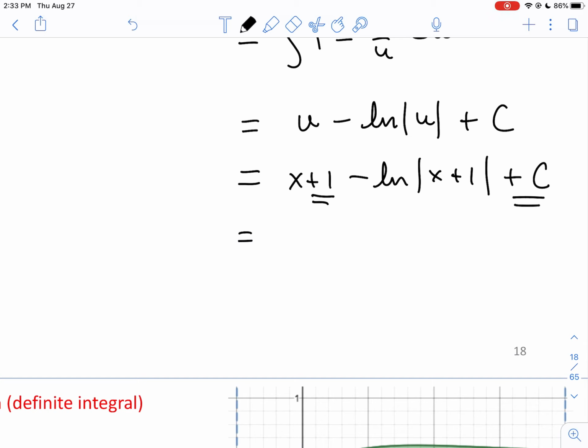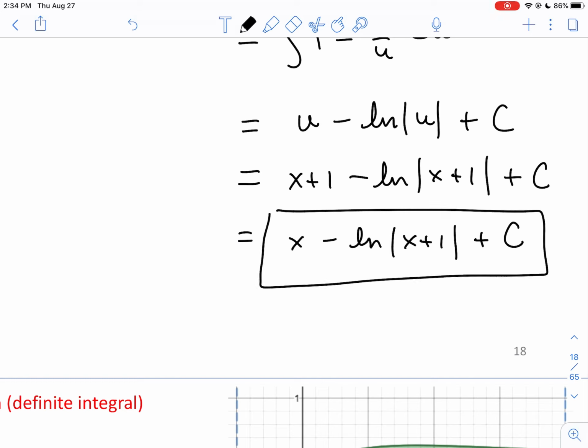If c represents all numbers, then you can just absorb the plus 1 into that family of all possible numbers. And so, to make your answer look a little simpler, you could just say x minus natural log of absolute value of x plus 1 plus all constants. This is the more common answer you're going to see if you look in the back of a book or use an integral calculator. That plus 1 will appear to have vanished for no reason, but it gets absorbed into the plus c.